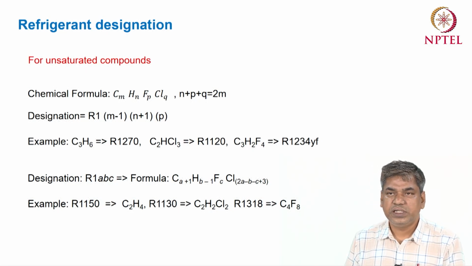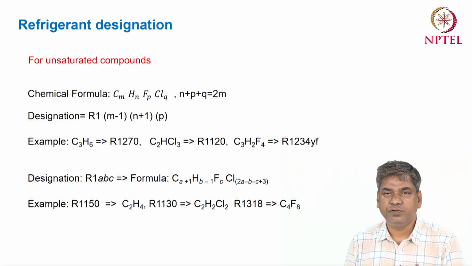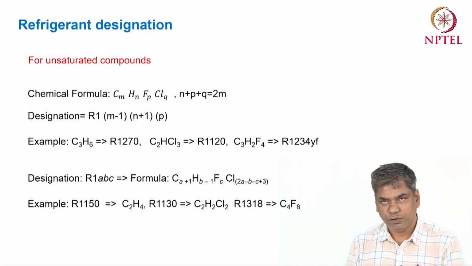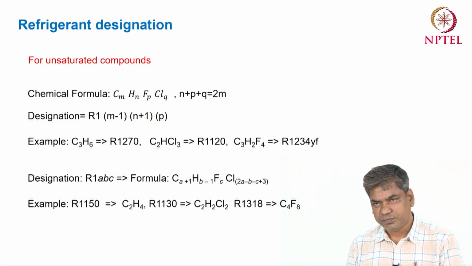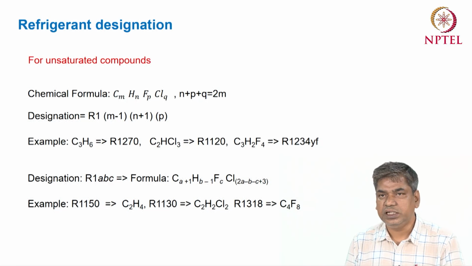For example, if you use the nomenclature R1150, A plus 1 means 2, so C2, and 5 means 5 minus 1, that is 4. So C2H4, this is the formula of the nomenclature R1150. So this is ethylene.